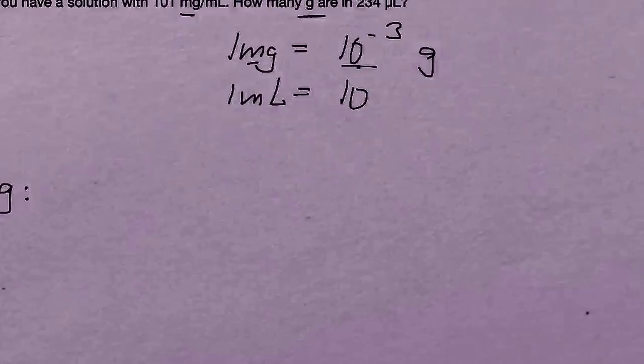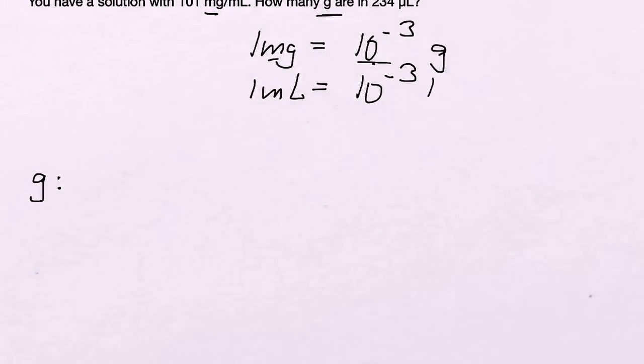We know that 1 milligram is 10 to the minus 3. The milli is the 10 to the minus 3 gram. We know that 1 milliliter is, again, milli indicates 10 to the minus 3 liters. And we also have microliter. We know that 1 microliter is the same as 10 to the minus 6 liters.